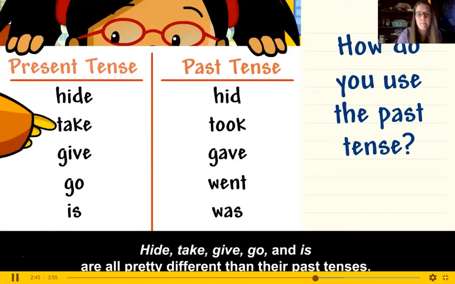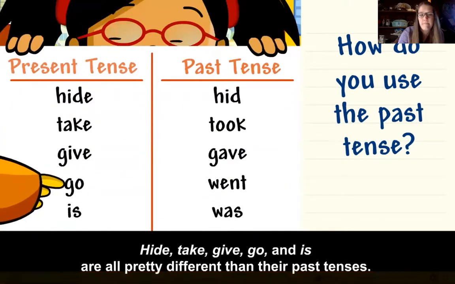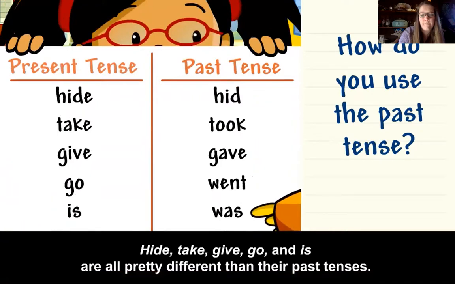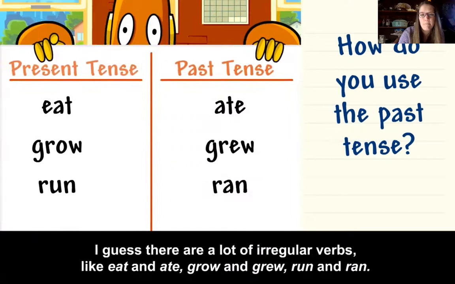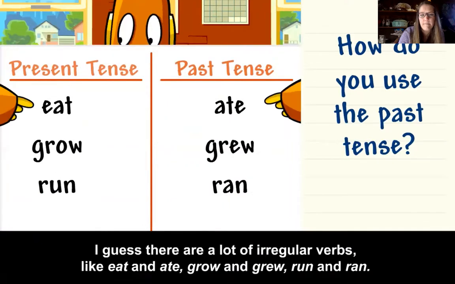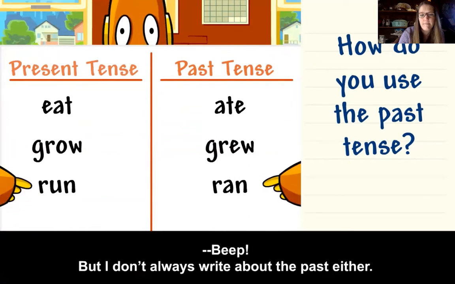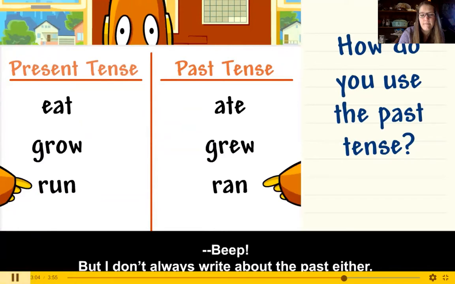Hide, take, give, go, and is are all pretty different in their past tenses. There are a lot of irregular verbs, like eat and ate, grow and grew, run and ran.